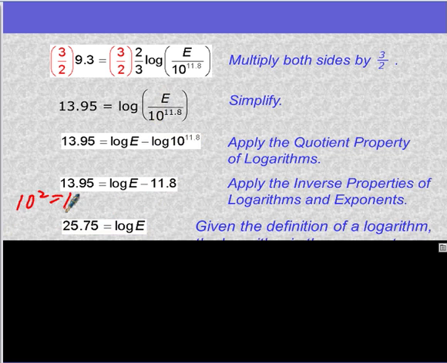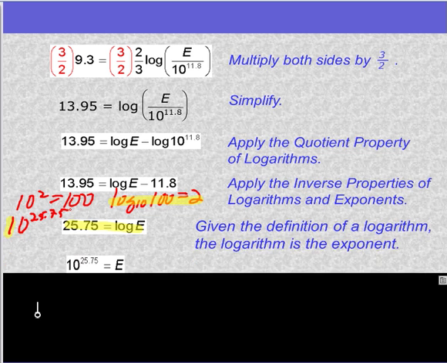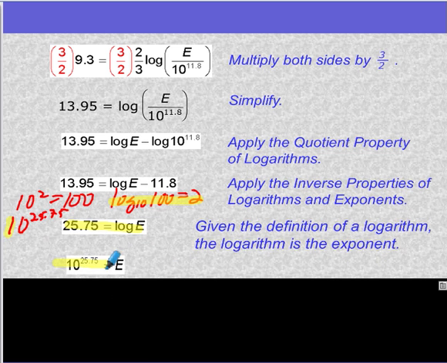So what we have is this, and this says that 10 to this power, to the 25.75 power, is equal to E. So I use this equation to work backwards. And here I've rewritten it. Now I just put 10 to the 25.75 power into my calculator. And it's a very large energy number, 5.6 times 10 to the 25th.